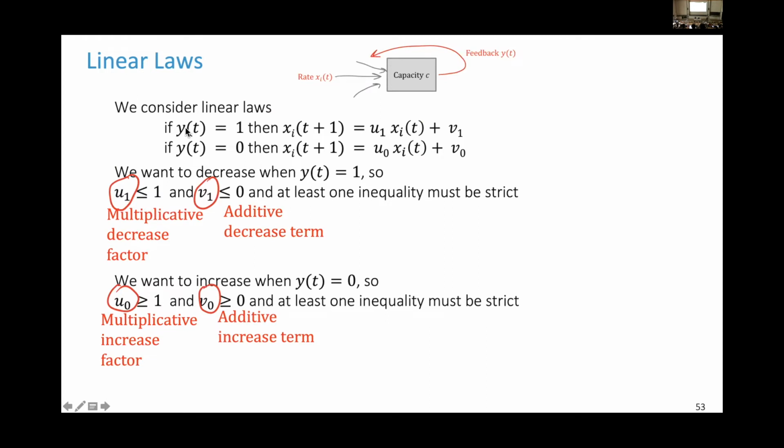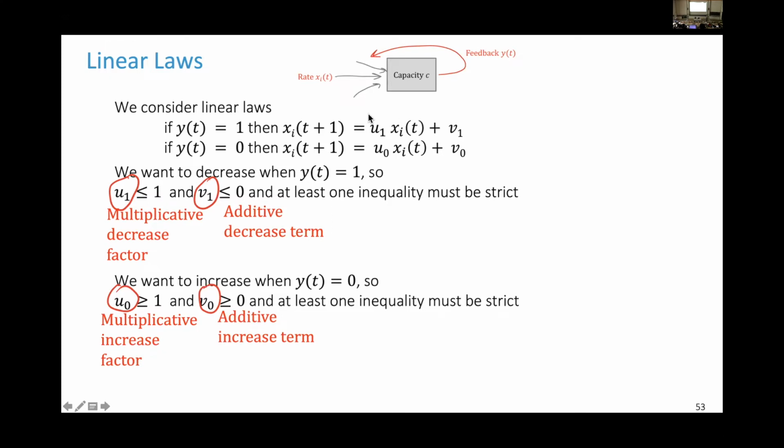If we receive a negative feedback, we should decrease the rate linearly. So if I assume that the time is discrete, so if I'm at time t and I receive a negative feedback at time t, for the next decision time, t plus 1, I should have a smaller rate than my previous rate at time t.